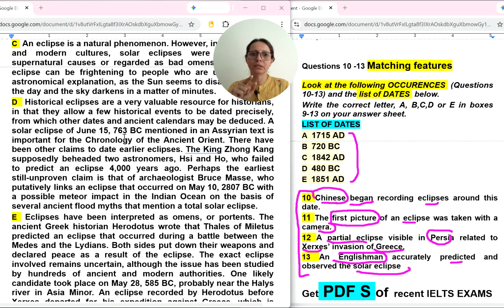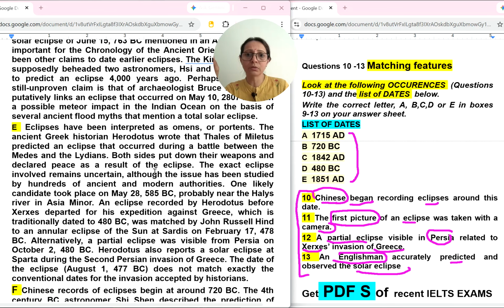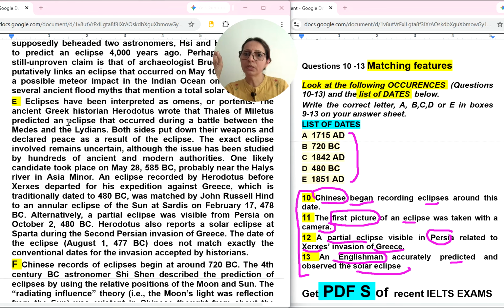Here I can see one date, 763. 763 is not given. 4000, 2800, 4000. Okay, this is also not relating to us. Now is 585 given or not? 480 BC is explained like that.